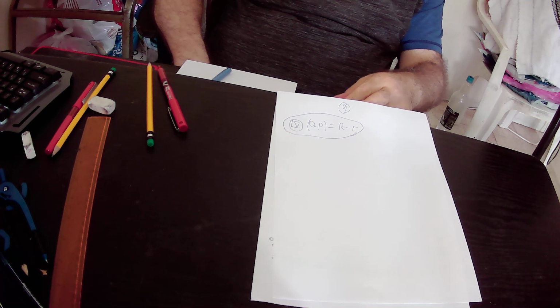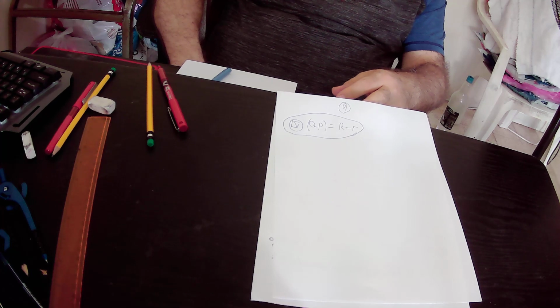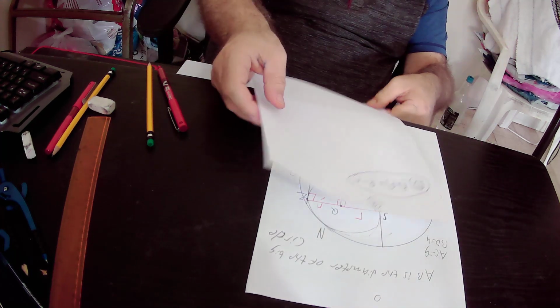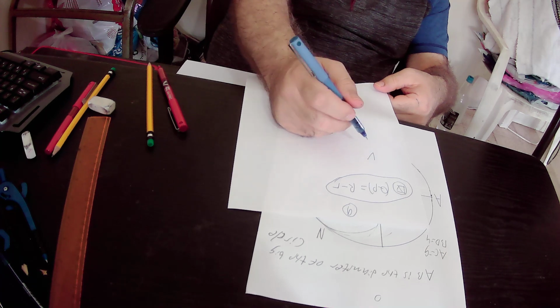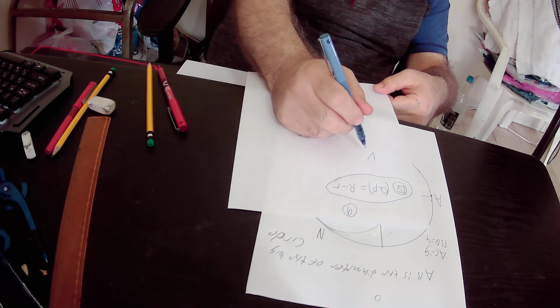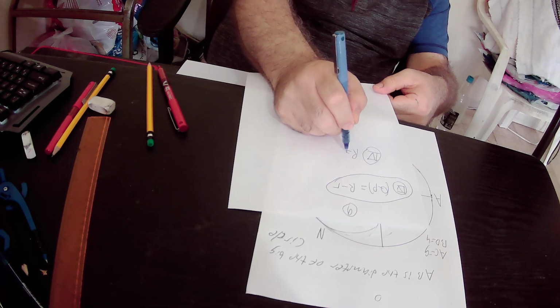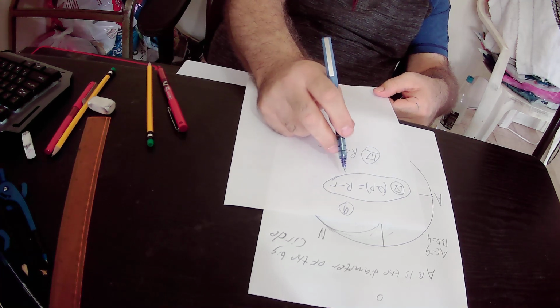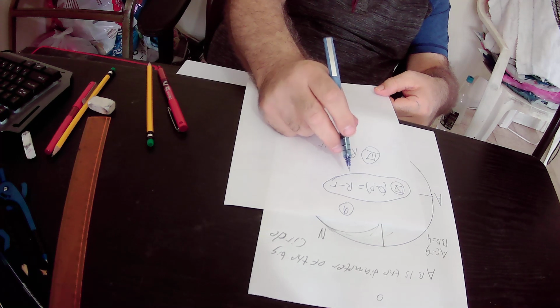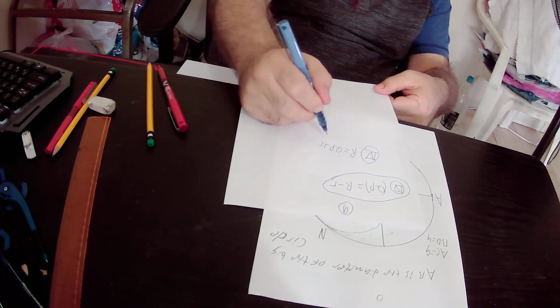From this we can add small r to this fourth equation, and we will get that capital R equals QP plus small r.